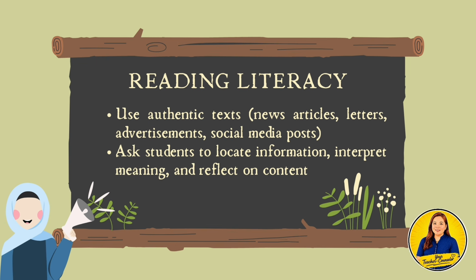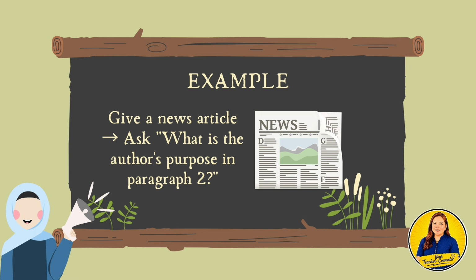Students are then asked to locate information, interpret meaning, and reflect on content, a progression that mirrors how we naturally process real-world reading material. For example, you could give a news article and then ask, "What is the author's purpose in paragraph 2?" This type of question pushes students beyond surface-level reading comprehension and into deeper interpretation and analysis.